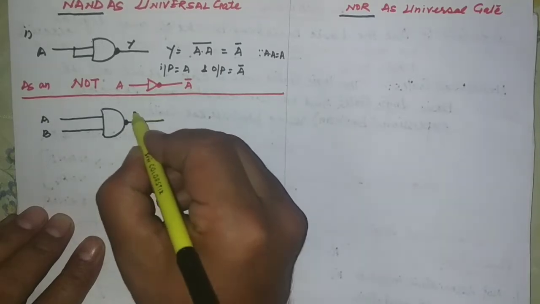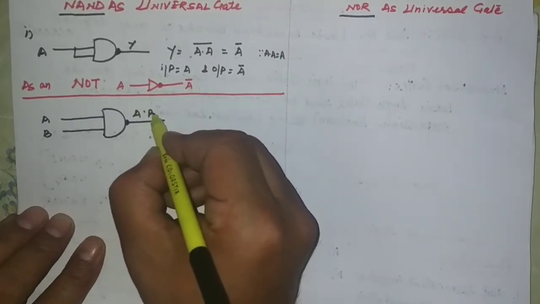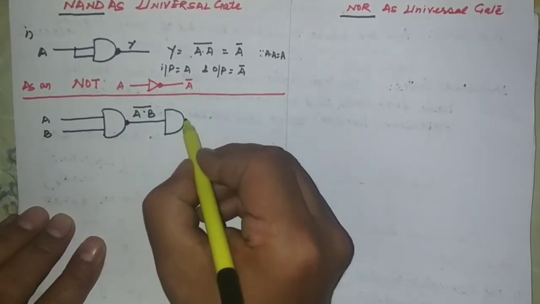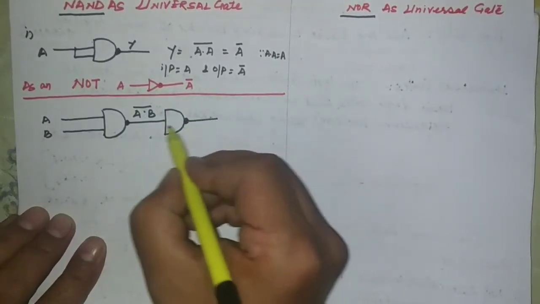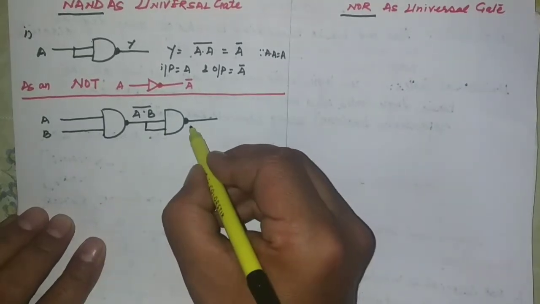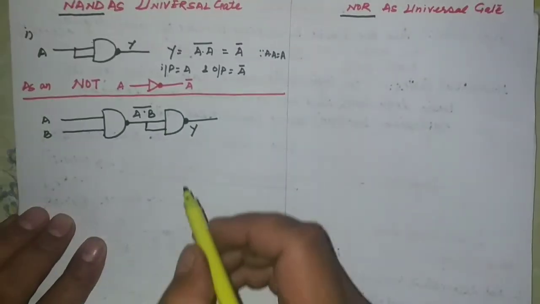We are getting A into B complement. Again we are passing it through one NAND gate. We are dividing one input into two inputs, and say for example this is the Y output.